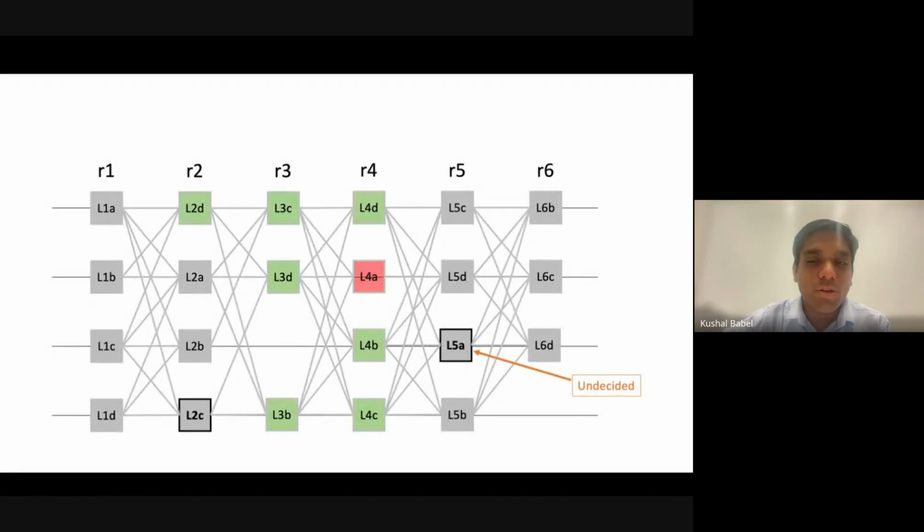Because we don't know the status of L5A, the first block after round R+2, it means that in all the other views, we don't know whether they'll commit this or skip this. And so we should not base our decision for L2C on this. Really, we have no choice but to leave it undecided. So in this case, L2C will be just left undecided.